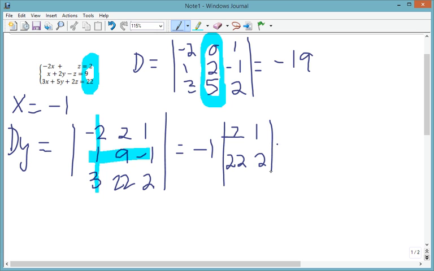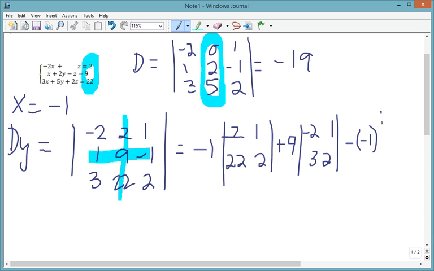Then I would add, since the first one was a subtract, the next one is an add, and it's the 9, and we would cross off the row and column with a 9 in it, and then what's left would be negative 2, 1, 3, 2. And finally I have subtract a negative 1. So that really means I'd be adding, right?